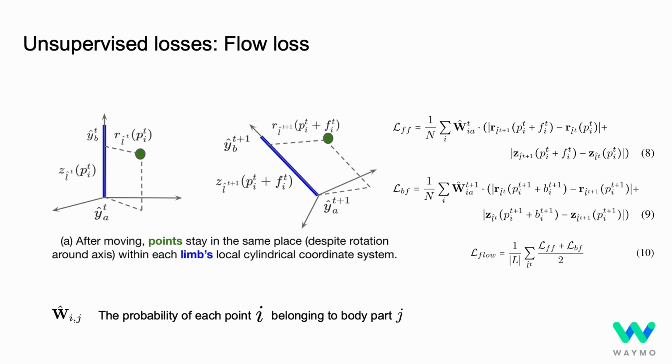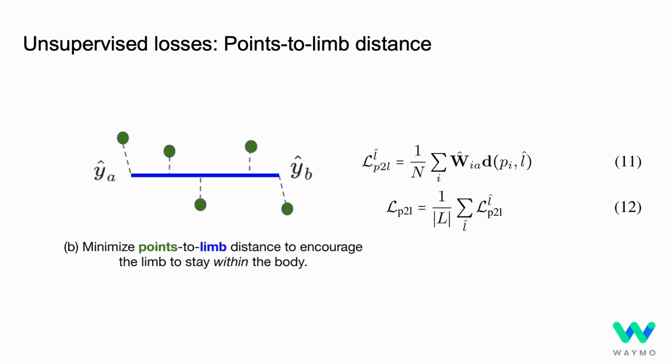To account for this, we propose flow loss. Flow loss considers the predictions from 2 consecutive frames and encourages consistency of the radial and axial components of all points with respect to scene flow. In other words, limbs should move between frames in a way to keep radial and axial coordinates for all points constant.